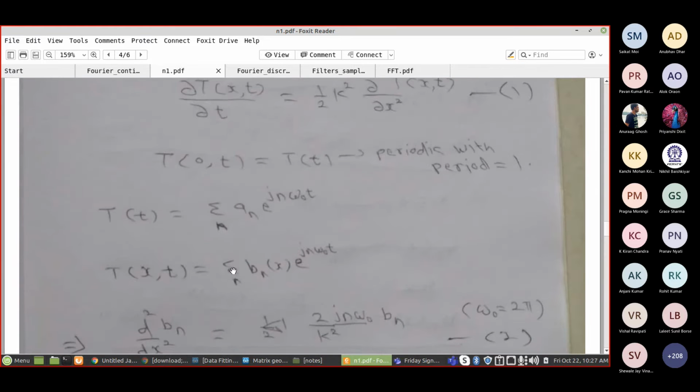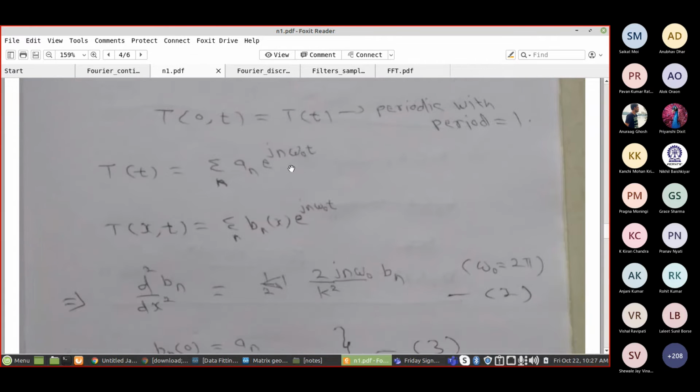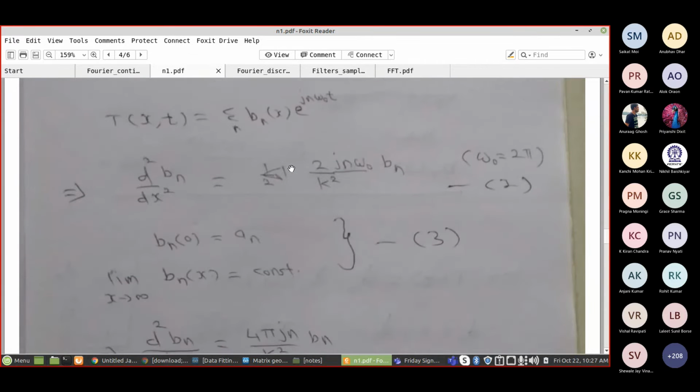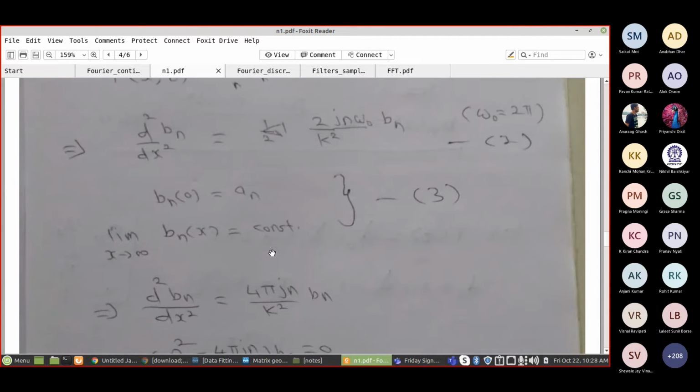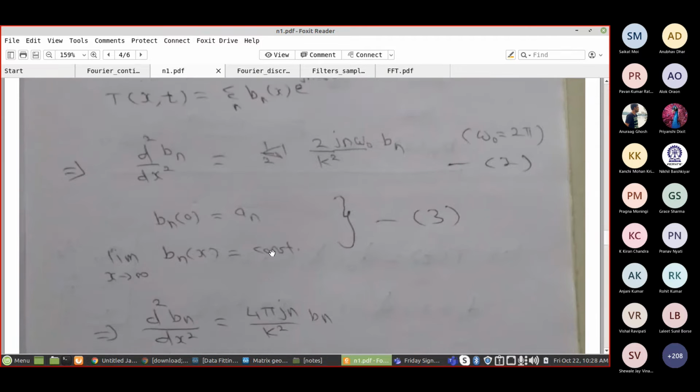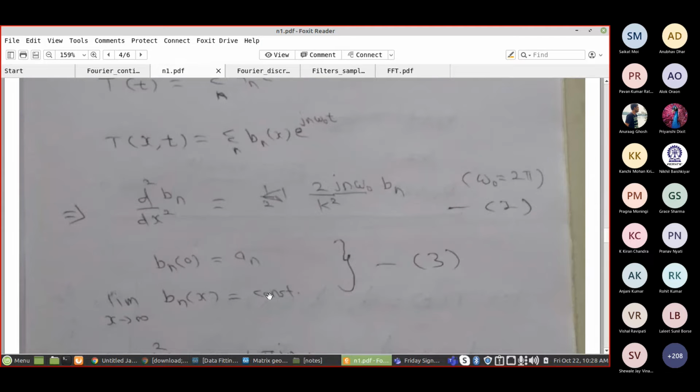So along with this initial data, we also know that the temperature profile at infinity stays bounded. Not just bounded, it is constant. Alright, so with these constraints, now let's solve for Bn.